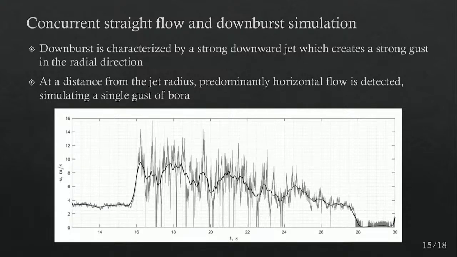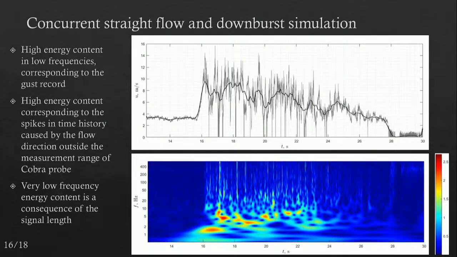We have some base velocity that we are producing here with the 60 fan wall. And then when the jet impinges on the Cobras, we have this really, really strong gust, and everything else is similar to as it appears for the downburst simulations. But what we are interested in here is this gust, because this is the strongest gust that we can simulate.